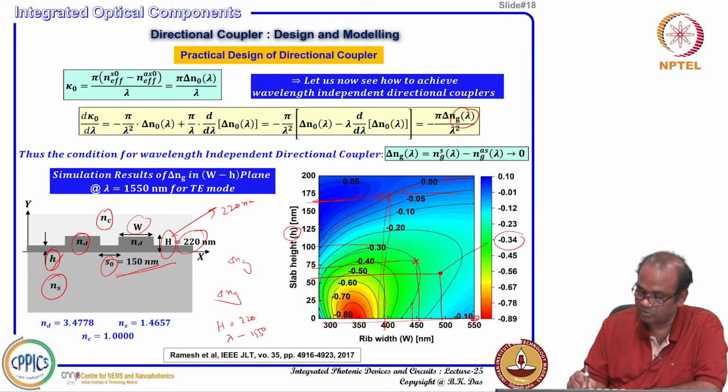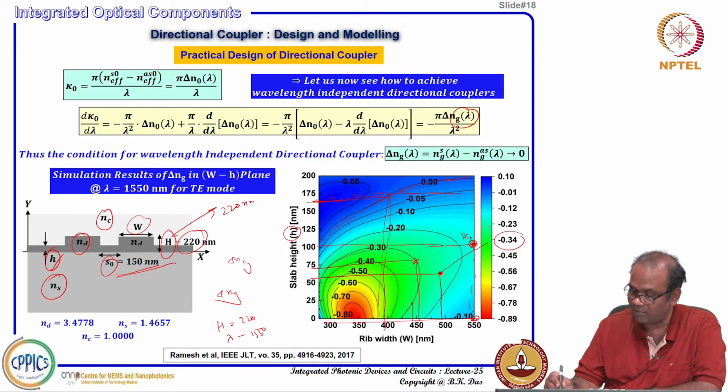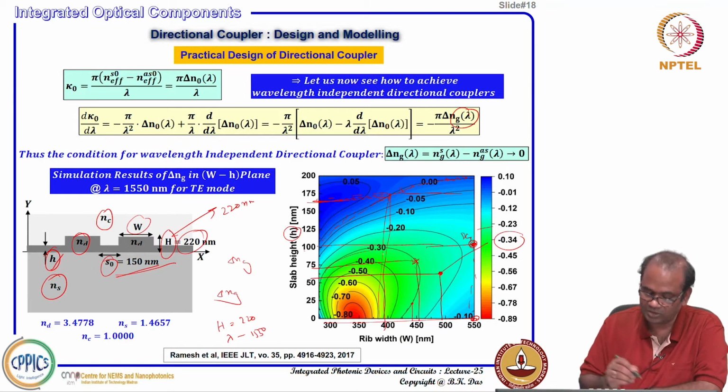So, if I take 550, this one, that is actually DC1. That means the waveguide width is 550 nanometer and the slab height is 100 nanometer. According to the color bar, that is about 0.23 or something like that. So, that is called DC1.